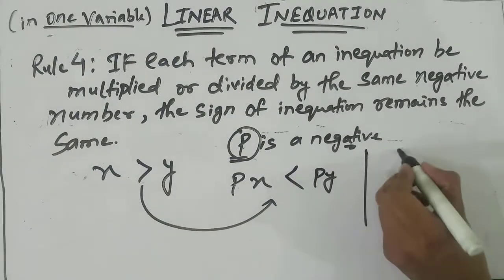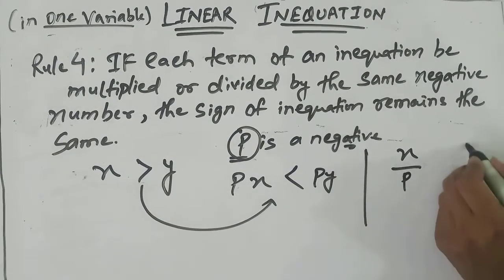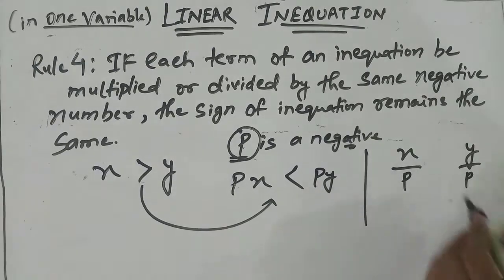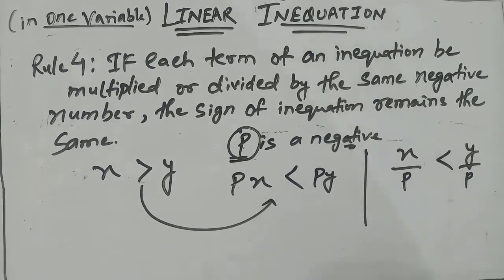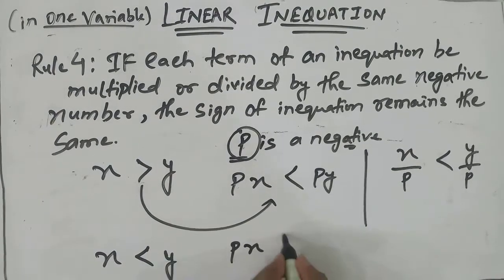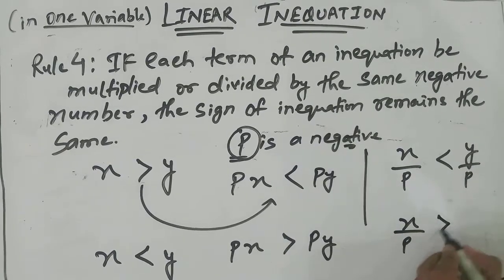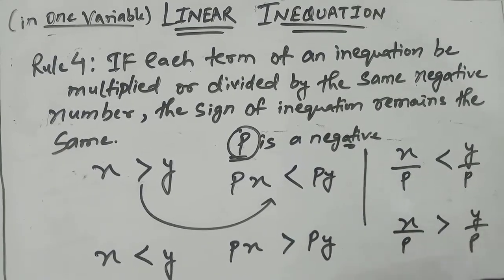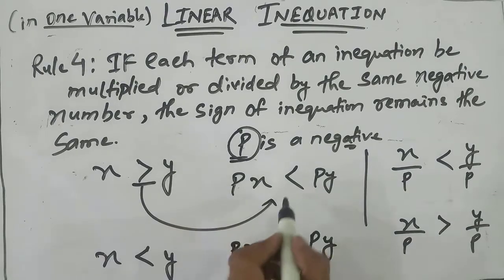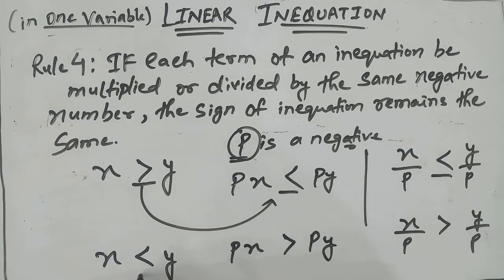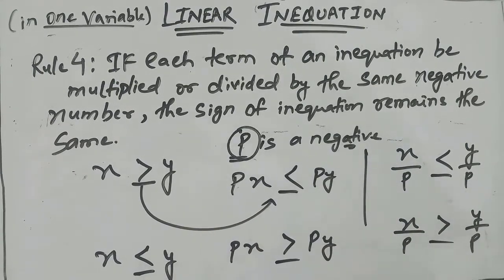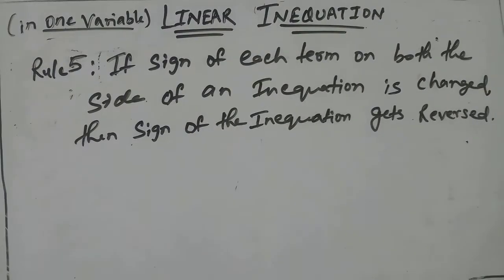Similarly, when we divide, then x upon p and y upon p, and the sign will reverse. Similarly for less than also, if you multiply with a negative term, the sign reverses. The same is the case for greater than equals to, and the same is the case for less than equals to. Here the sign reverses.